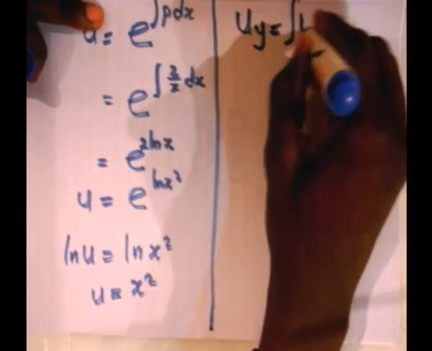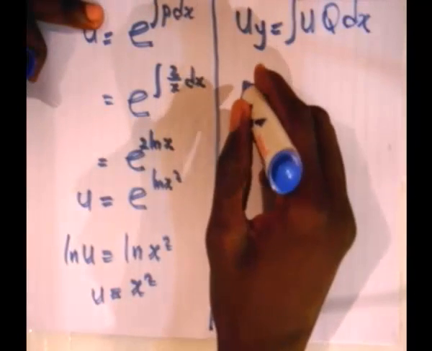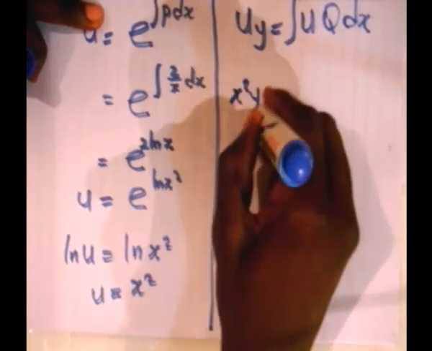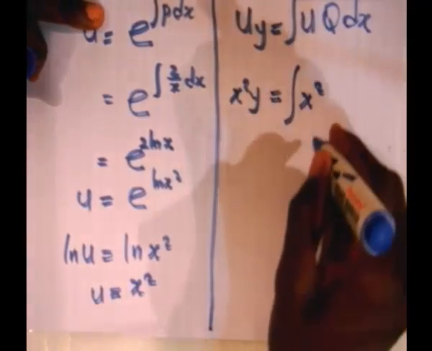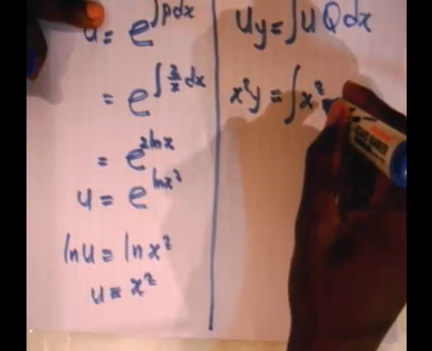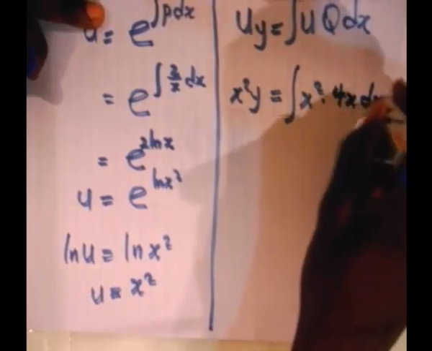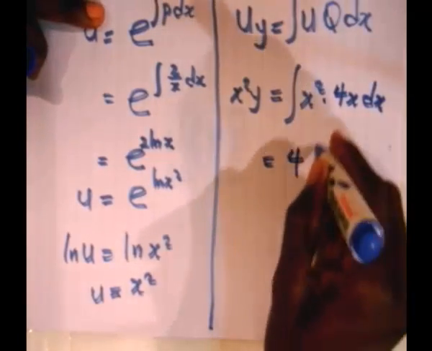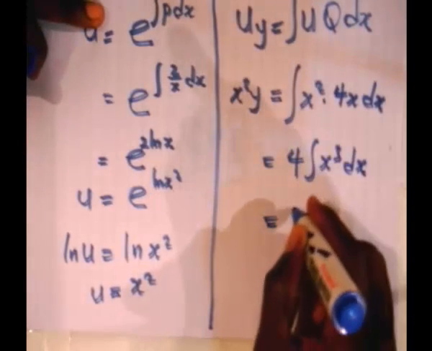uy equals integral uq dx. Our u is x squared, so x squared y equals integral x squared times our q, which we got from the question as 4x, dx. This is 4 integral x cubed dx.